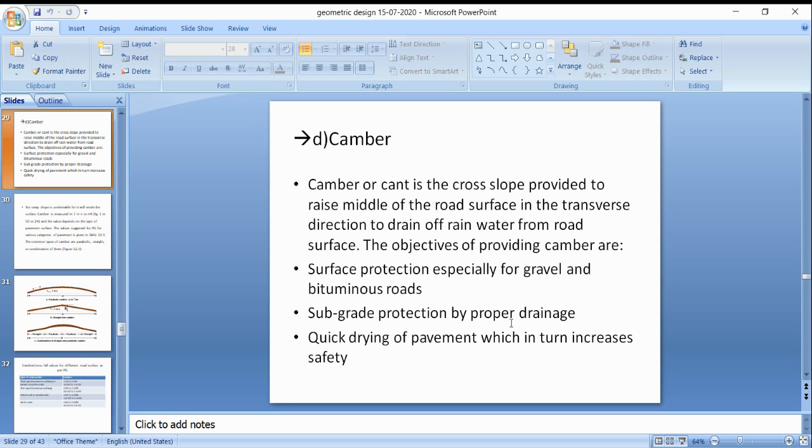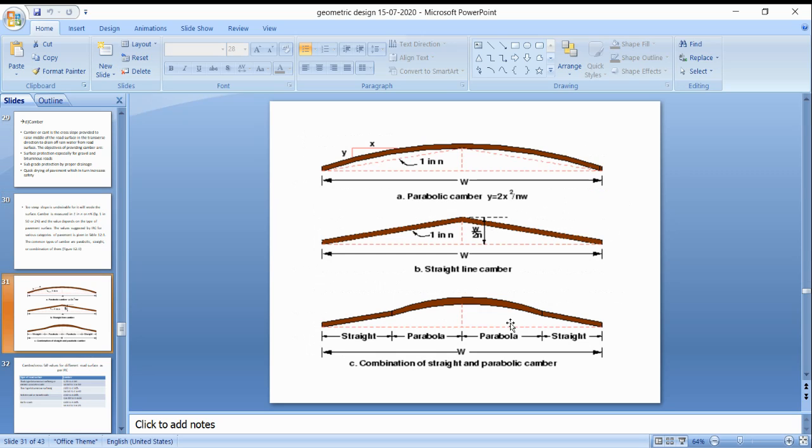Here we can see this is the road surface, and this is the formation, with the camber. Here it is one vertical to horizontal, so we can see 1 in 40 and 1 in 50 are the gradients provided for the cement concrete, and for the bituminous flexible and rigid pavements.